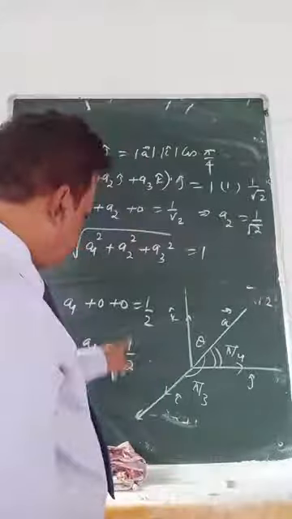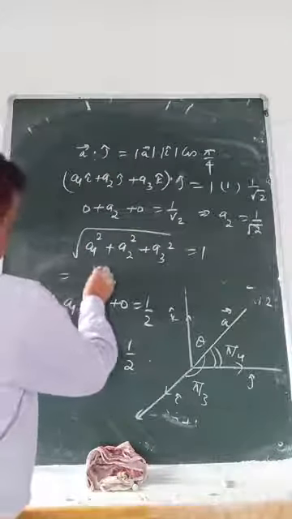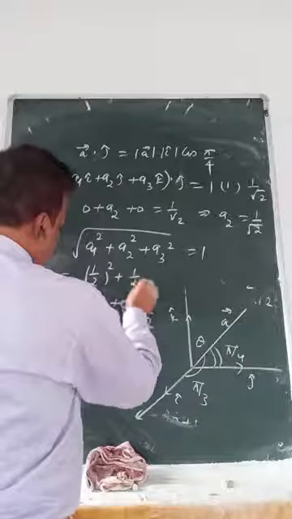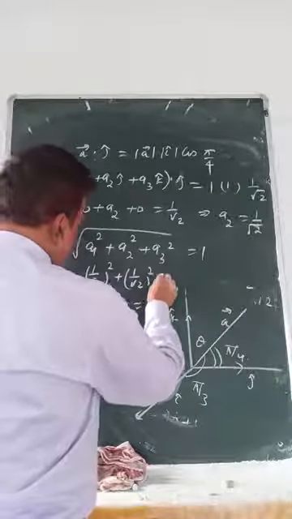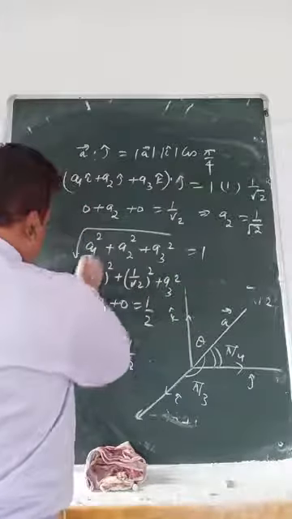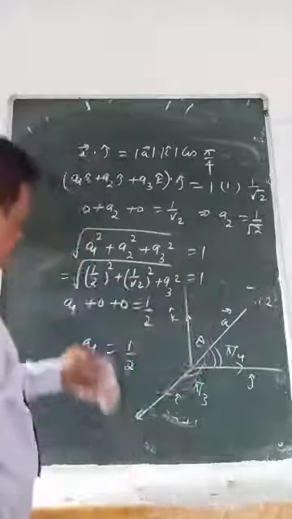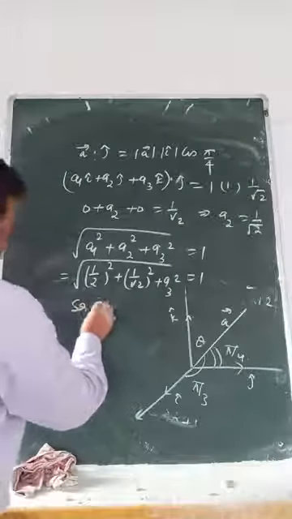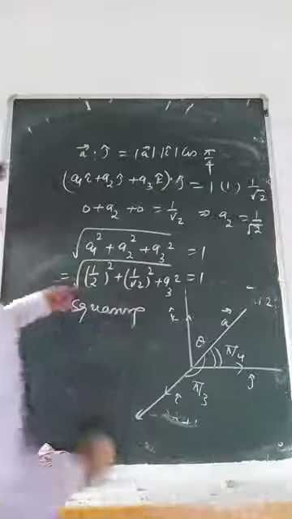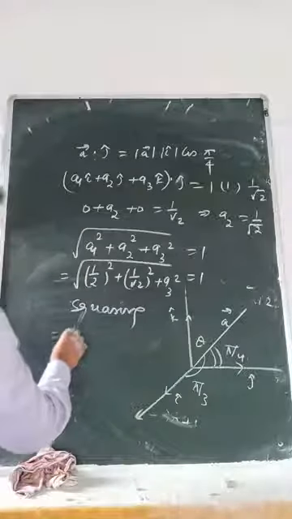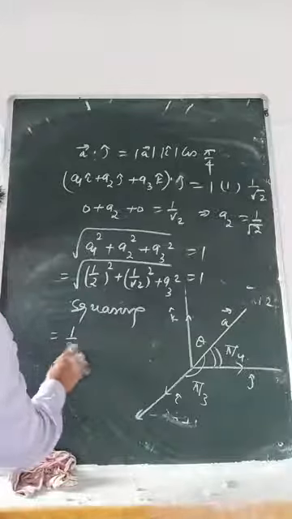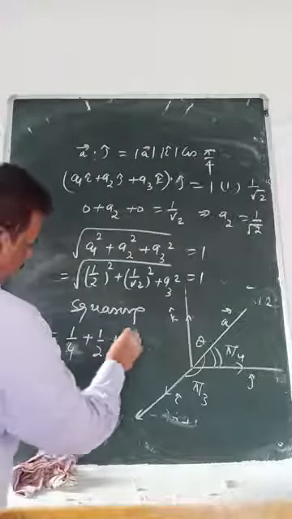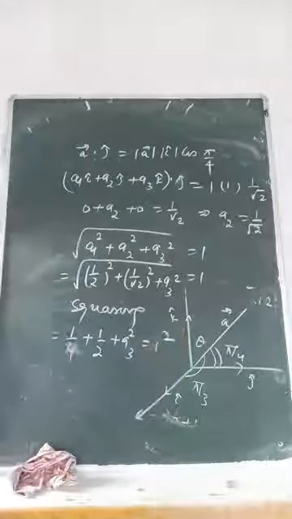For the value, A1 is how much? 1 by 2 squared, 1 by root 2 squared, plus A3 square, square root over, equals 1. So if you remove the square root on both the sides, what you will get? 1 by 4 plus 1 by 2 plus A3 square equals 1 square.